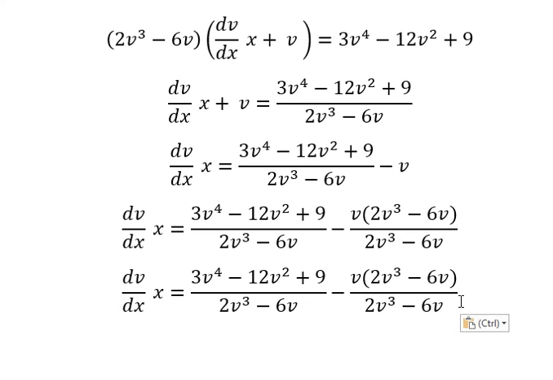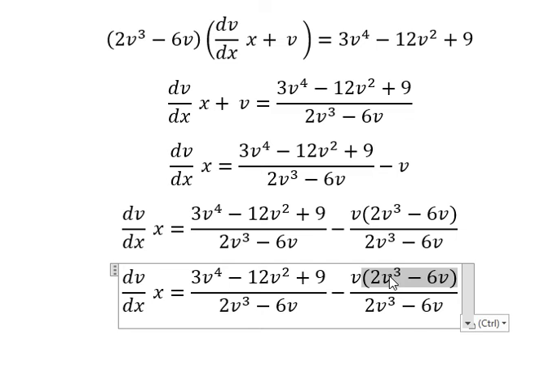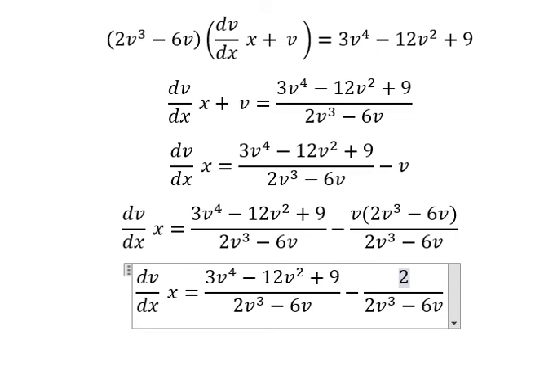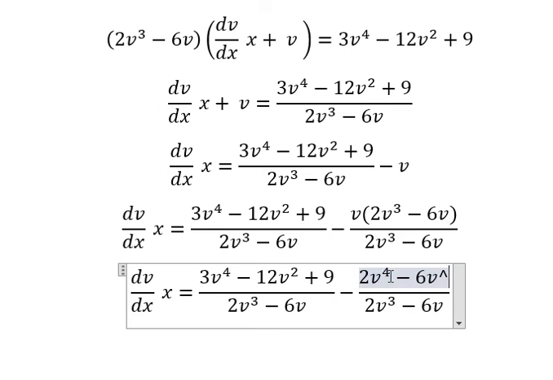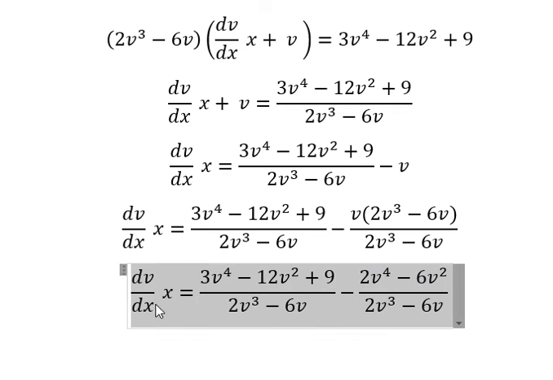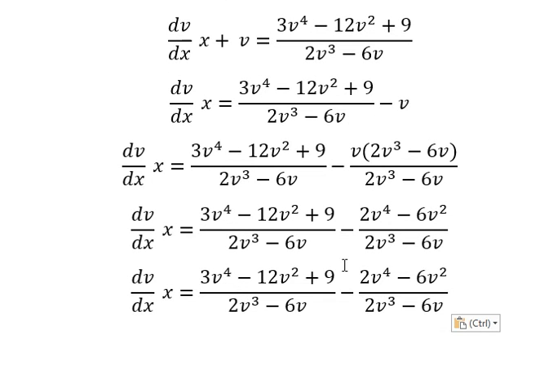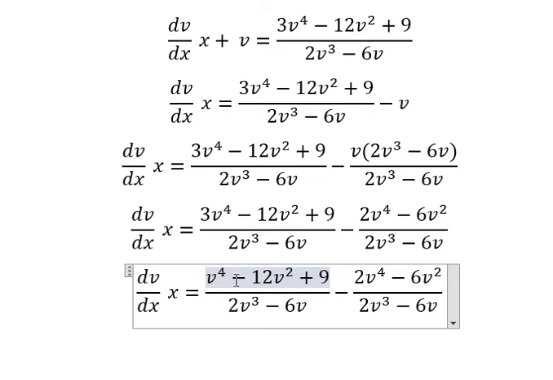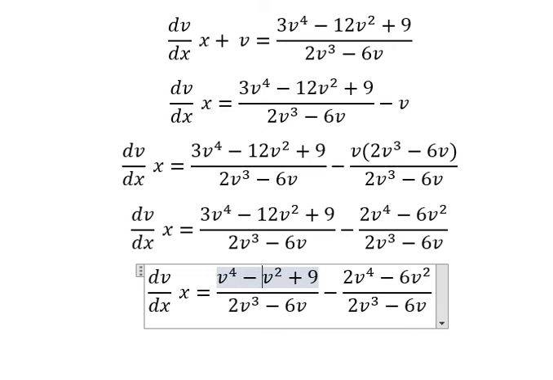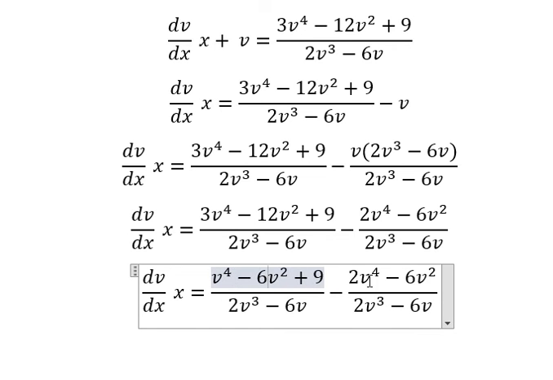Next, this should be 2v to the power of 4 minus 6v squared. So in this situation, this one minus 2v to the power of 4, so we just have v to the power of 4. This one minus negative 6v squared, so we have positive 6v squared, and this one we simplify and we have like this.